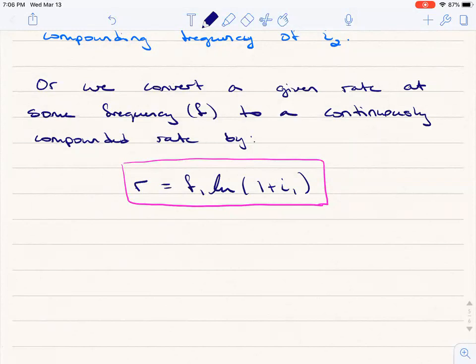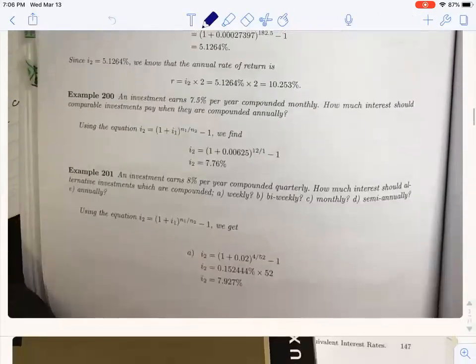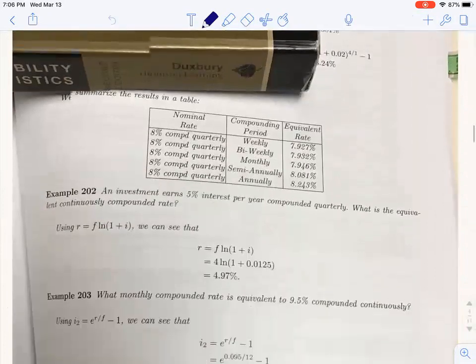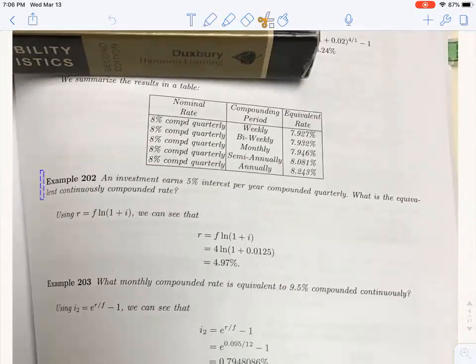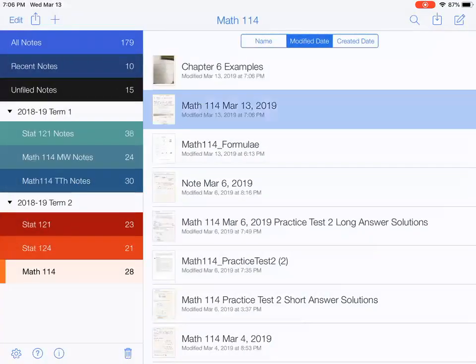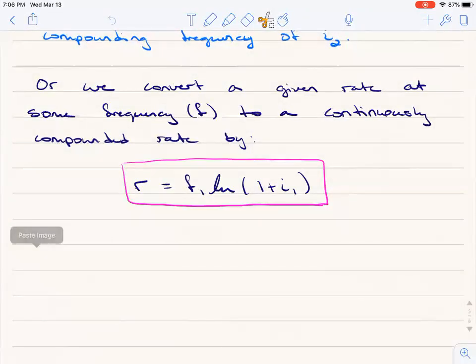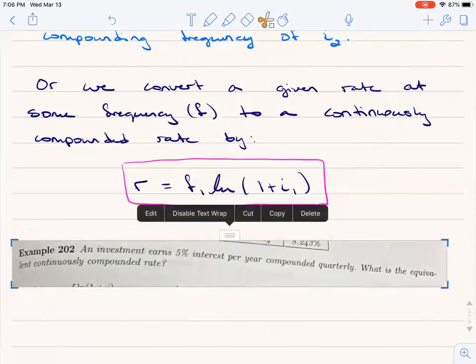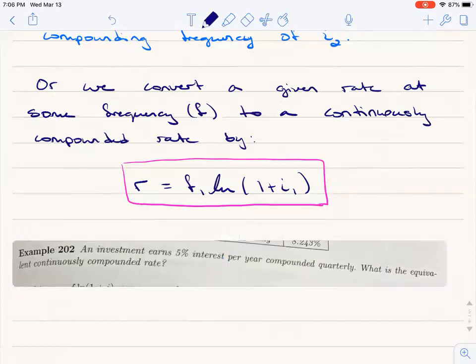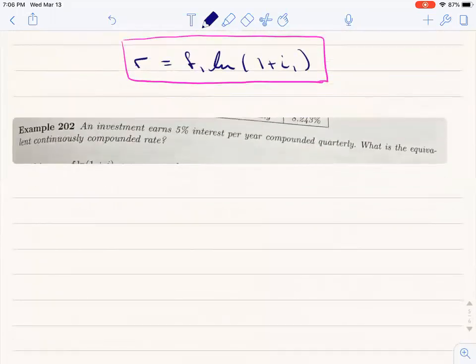Let's do example 202. An investment earns 5% interest per year compounded quarterly.